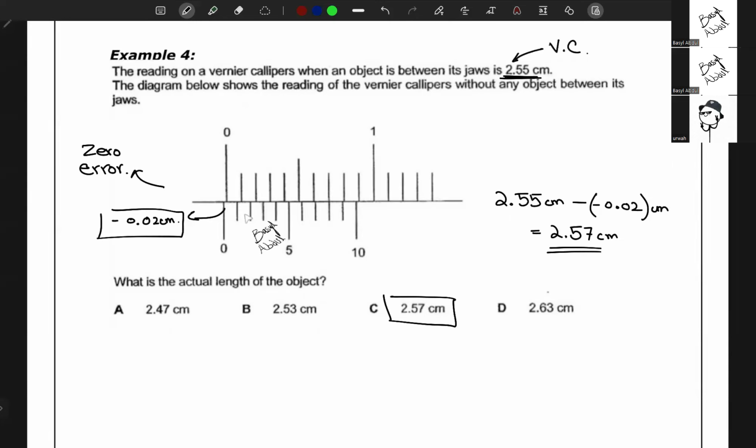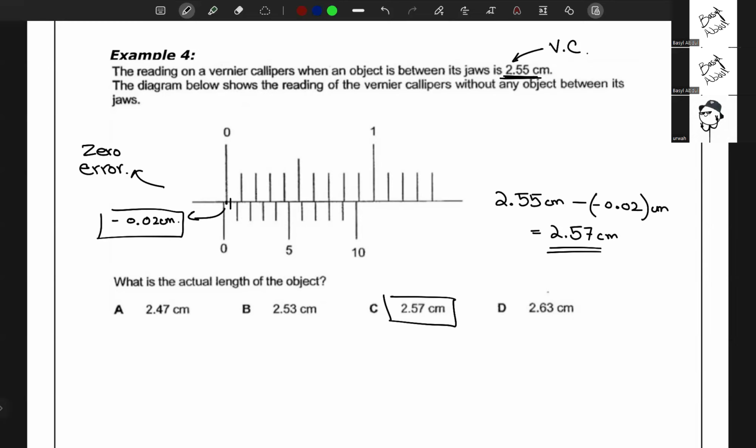Because you see that this is 1, right? So if this is 1, then something at this point could be 0.02, it could be 0.03 as well, right? Because 0.05 would lie somewhere over here. So yes, you're right, exactly. So this is an estimated reading for the zero error. So what if I come up with 0.04?